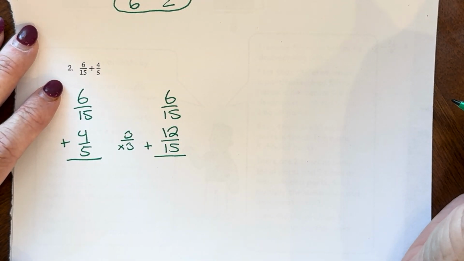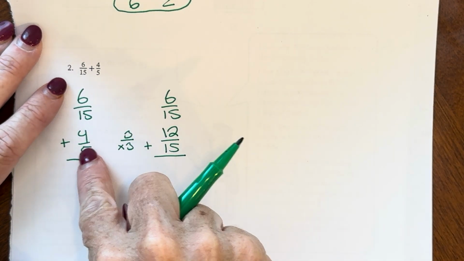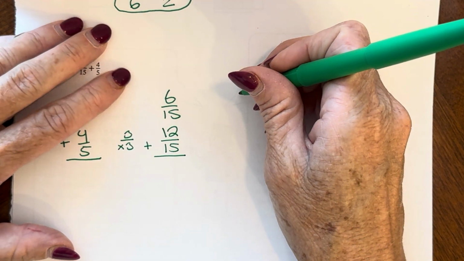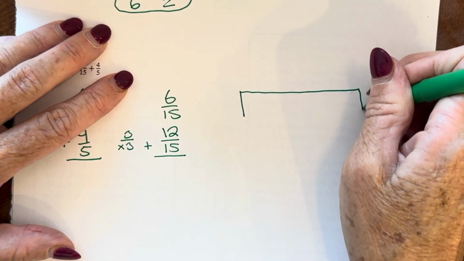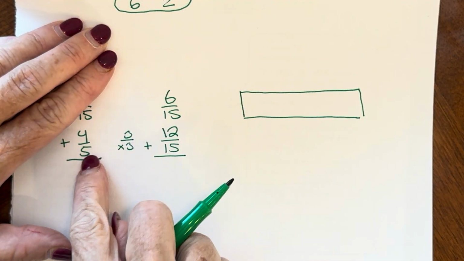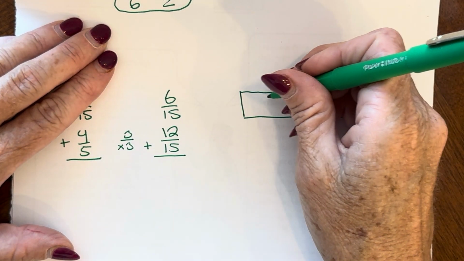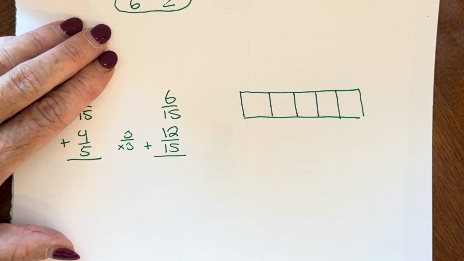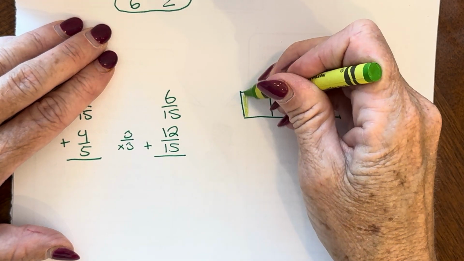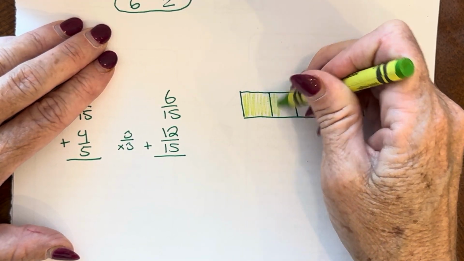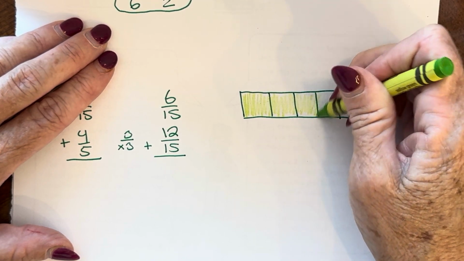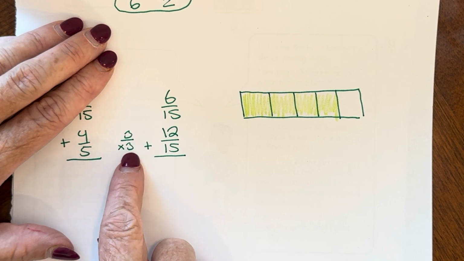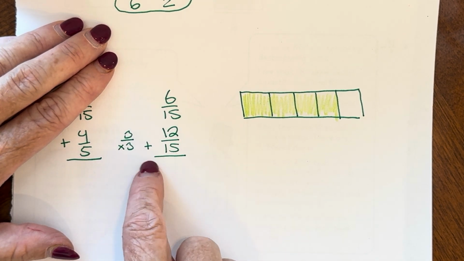Okay, and ladies and gentlemen, that does make sense, because if I had 4/5, and this time I'm actually going to draw it with you. So 4/5 means it was cut into 5 pieces, and the 4 means we had 4 of them. And if you don't have crayons, you could do this with pencil with me. So that is what we had. And all I did was multiply it by 3.